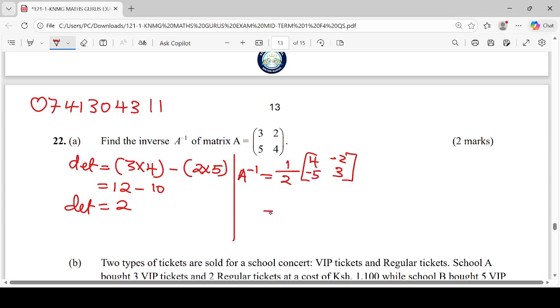So when you deal with that, this is like saying 2, negative 2.5, negative 1, 1.5. So this is the inverse of A. You are done with the 2 marks. You can see how simple math is.